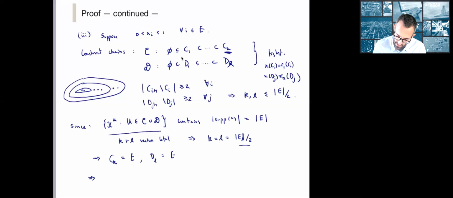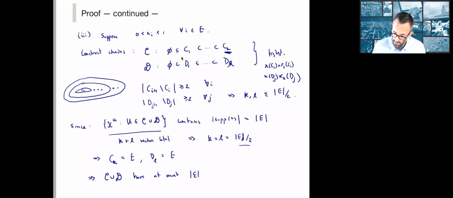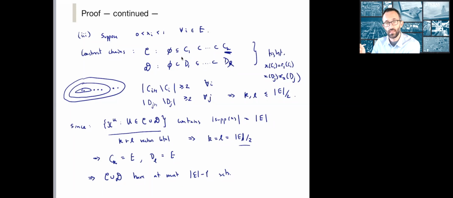So what does this tell us? This tells us that C and D have at most E minus 1 sets, because the last set, CK and DL, we know L equals K, they have to be the same thing. They have to be the whole set. And now you see we have a problem.